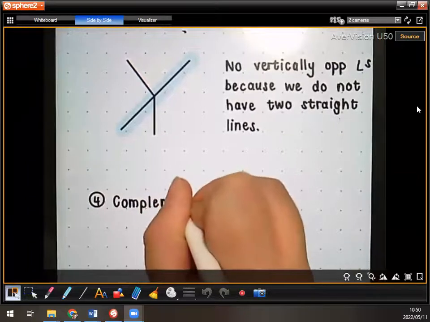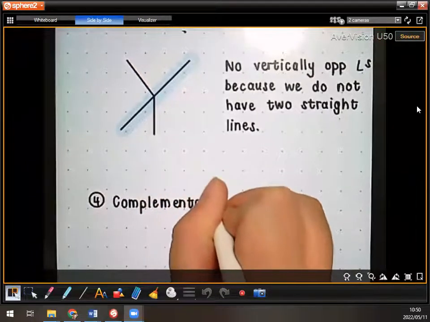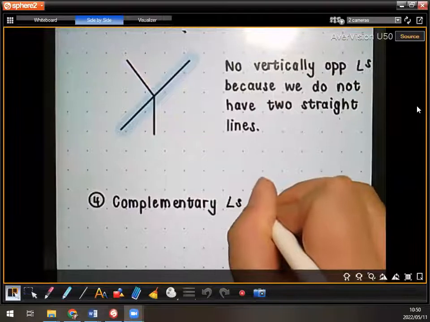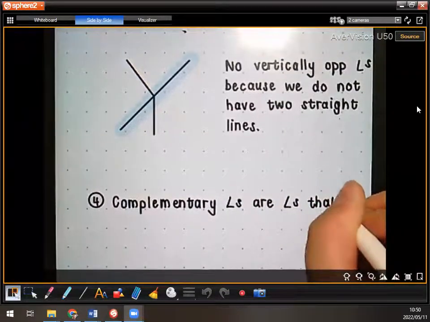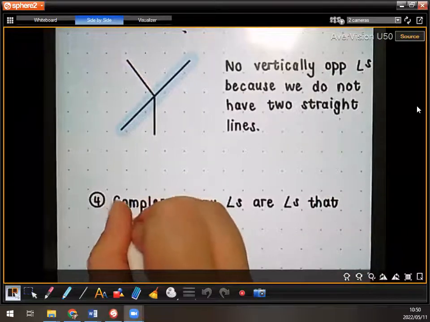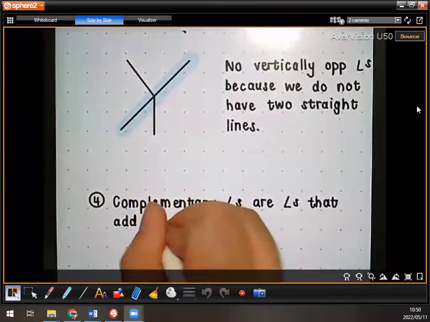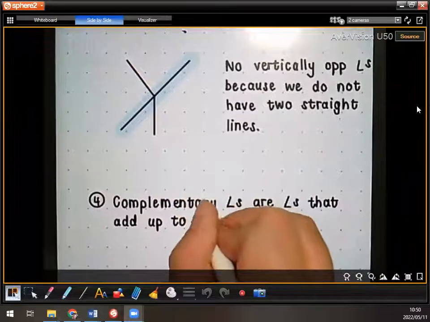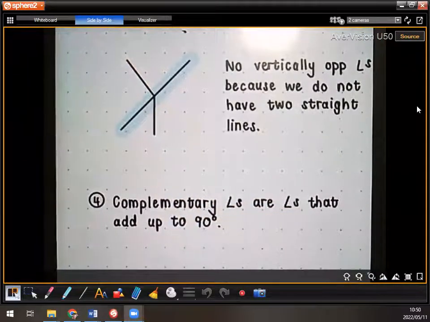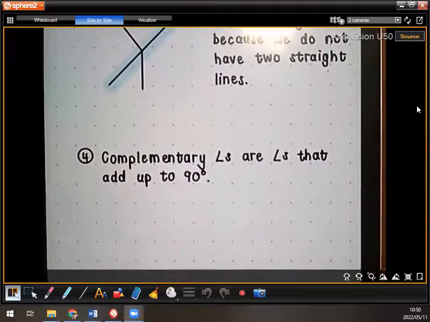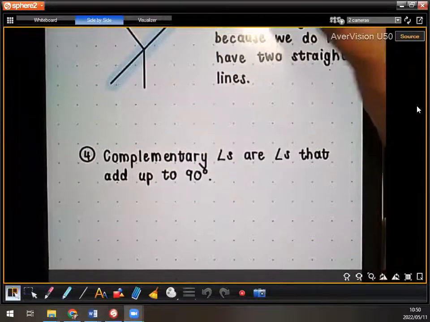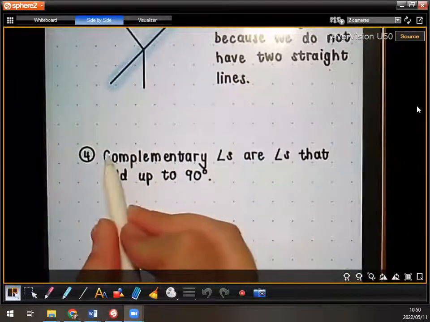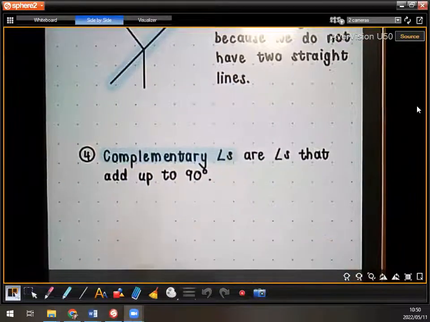Complementary angles are angles that add up to 90 degrees. So that's just the terminology thing, guys. If they use the word complementary angles, then you just need to know that it means they add up to 90.